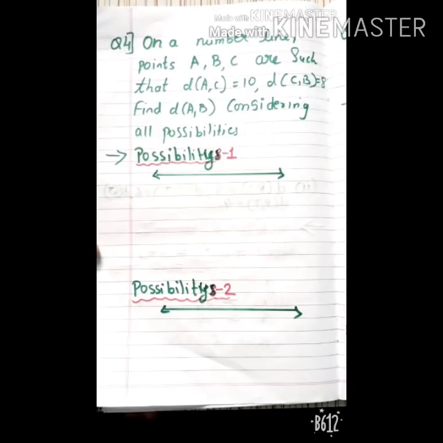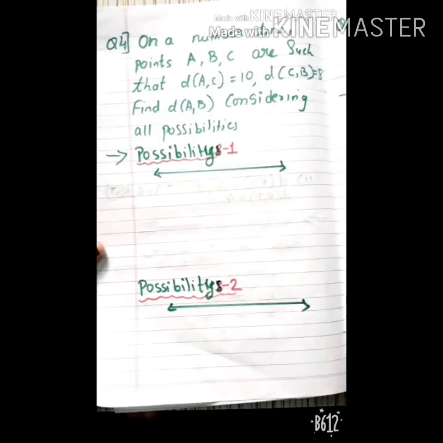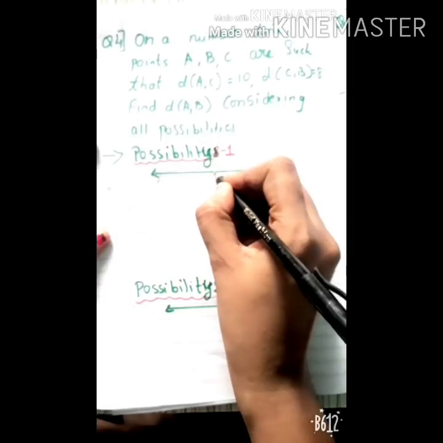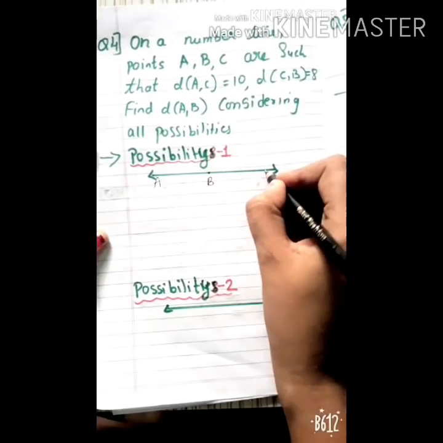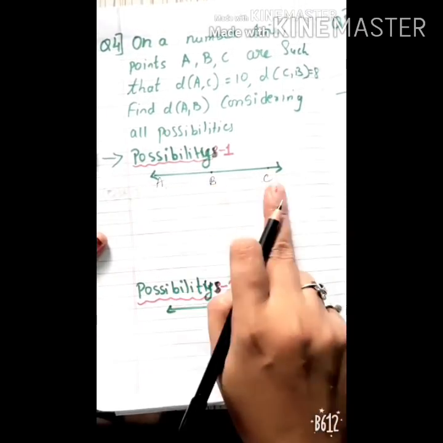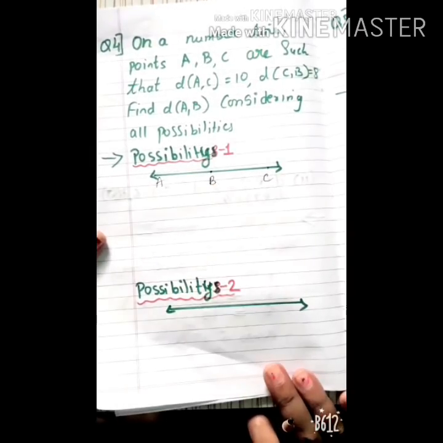Possibility number 1, we can assume B is between A and C. A, B, C are collinear.